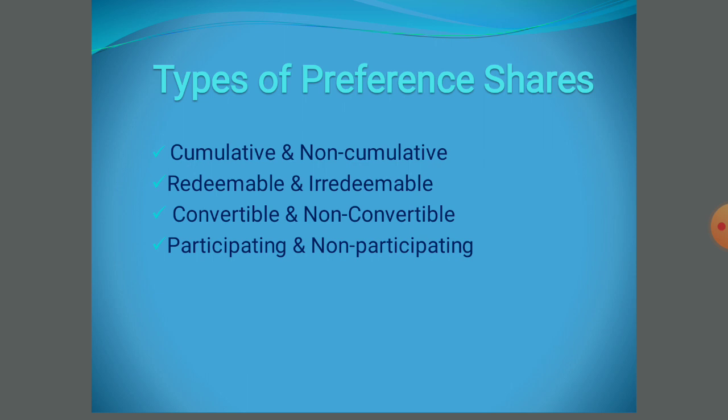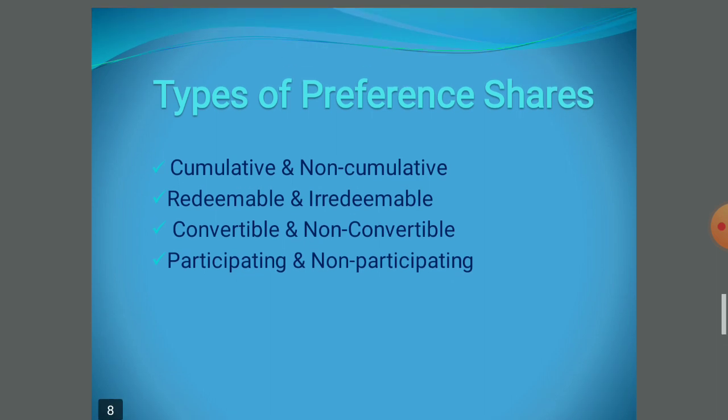Second is redeemable and irredeemable. Redeemable means to give the principal amount back. That is, at the maturity period, preference shareholders are going to get their principal amount back. And if you are investing in the form of irredeemable preference shares, it is going to remain with the organization till the company exists, which is similar to an equity share.